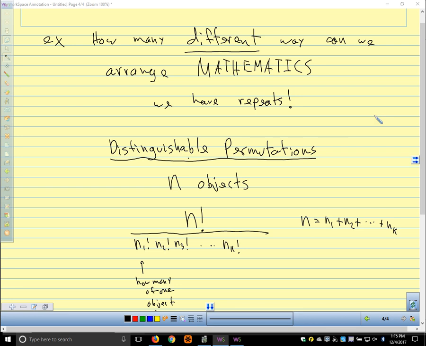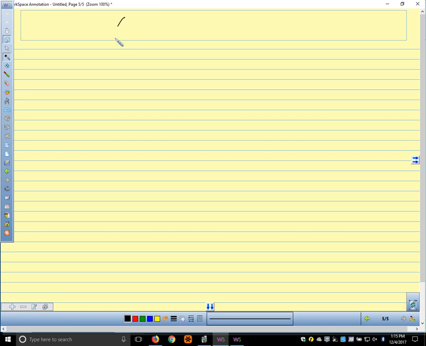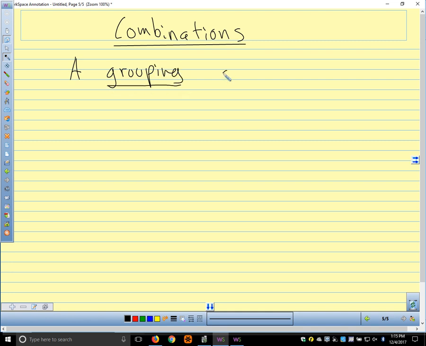The other counting method that we're going to use to tie this back into what we talked about with the binomial theorem is combinations. Combinations are a grouping of R things out of a group of N things.